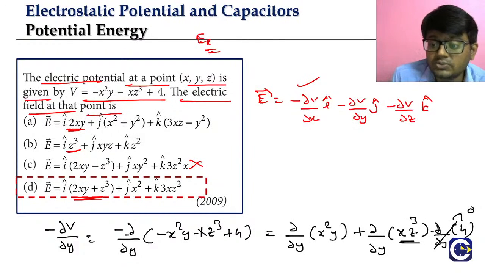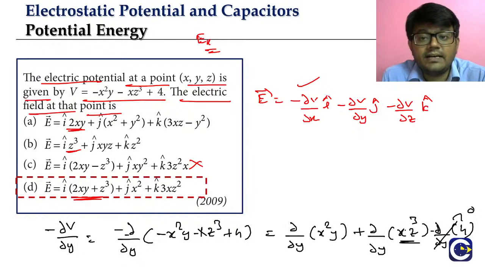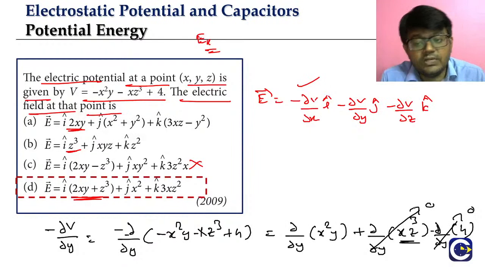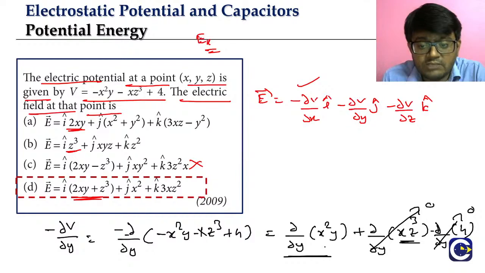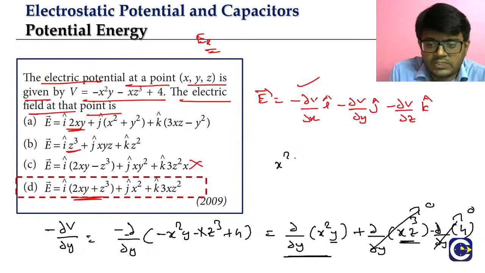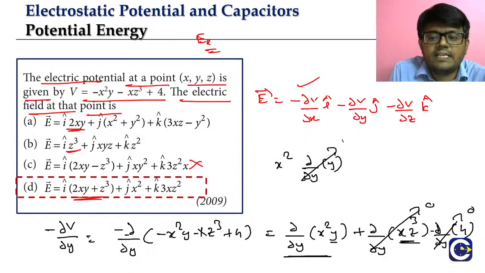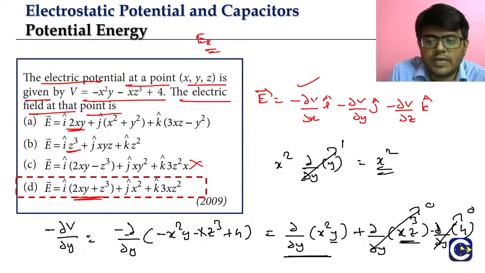So because these two are constants, what is the derivative of a constant? 0. So அப்போ வெறும் அந்த first term மட்டும் will be remaining. இங்க பாருங்க, other than y everything is a constant. அப்படியே அந்த x square வெளியே வரும். Derivative of y with respect to y is what? 1, which means x square.